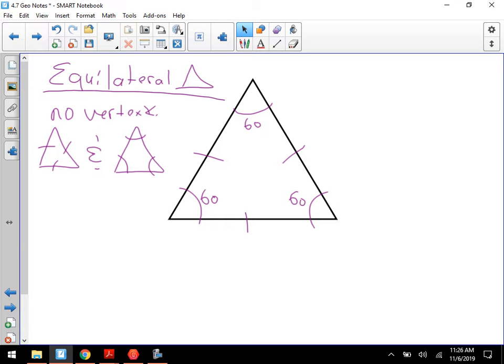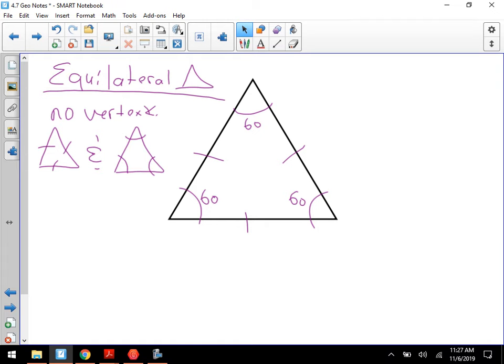And maybe just do an if: if three sides the same, then you've got the three angles the same, and then just do the converse. Okay. And all angles equal 60 degrees. Okay.